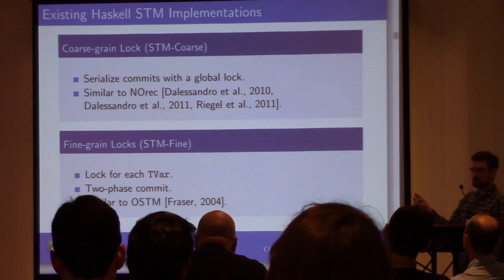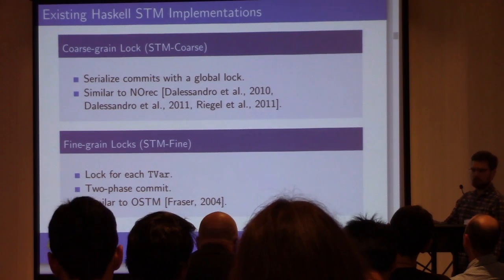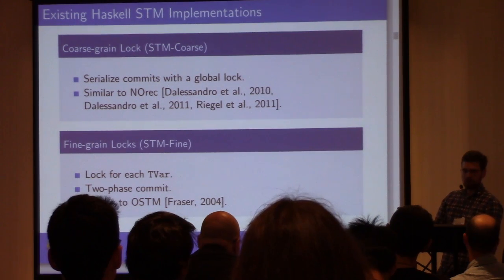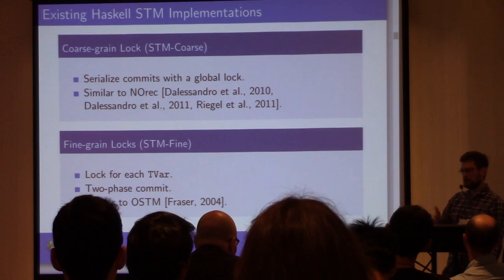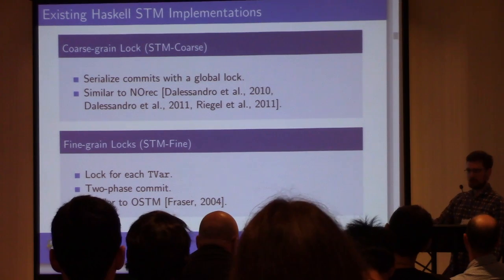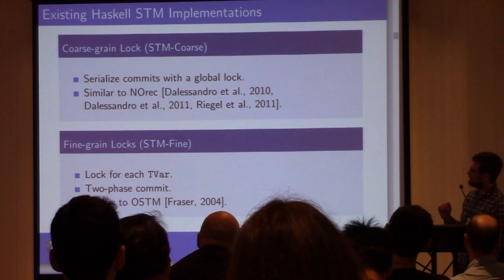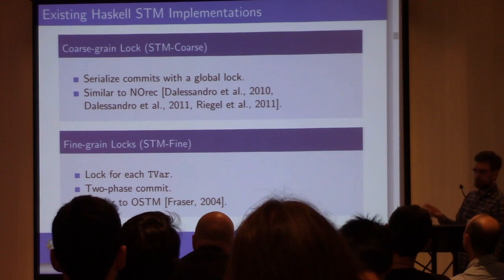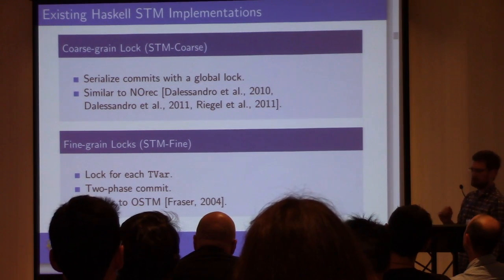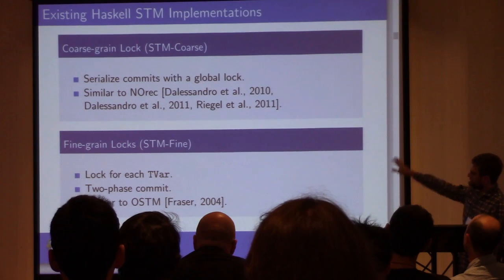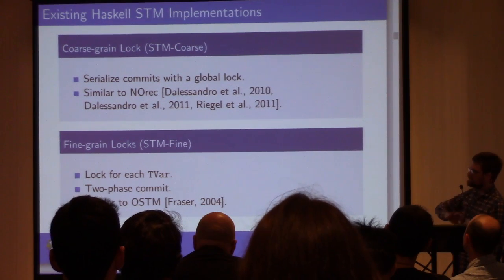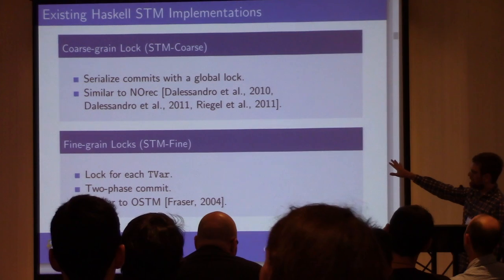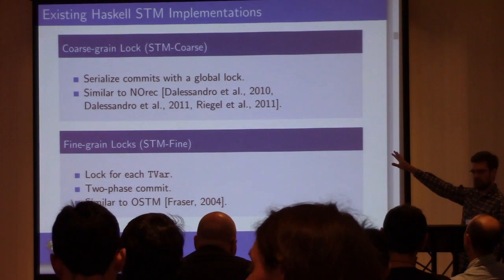That means all of the transactions in the system that are trying to commit do so one by one, so they do that last little bit serially. That ensures that there aren't conflicts on the commit. The state of the art has moved on for this style to things like the NOrec algorithm.